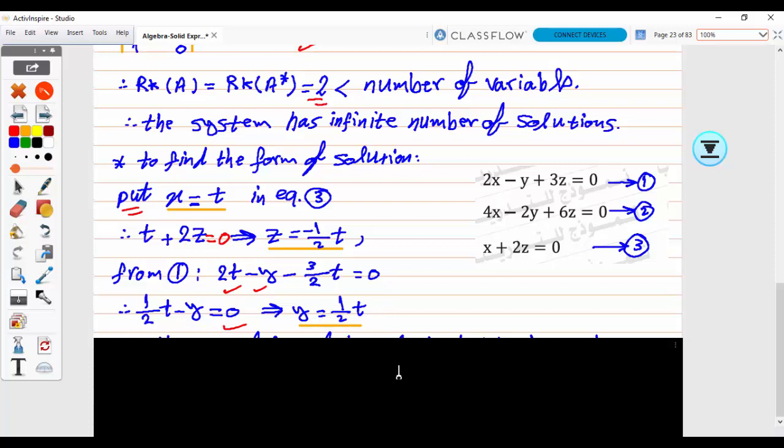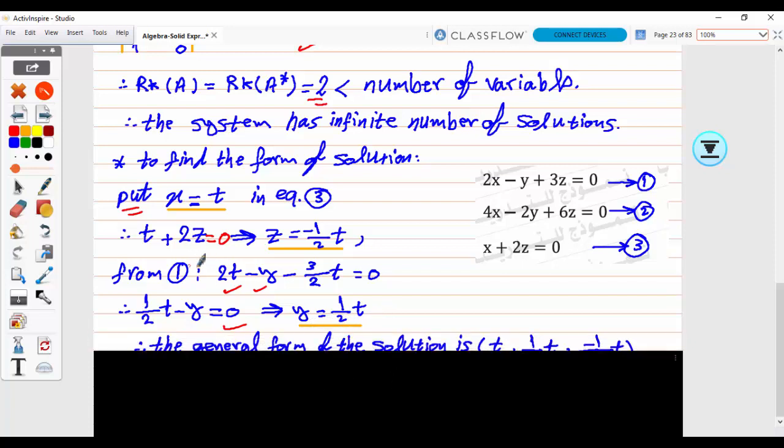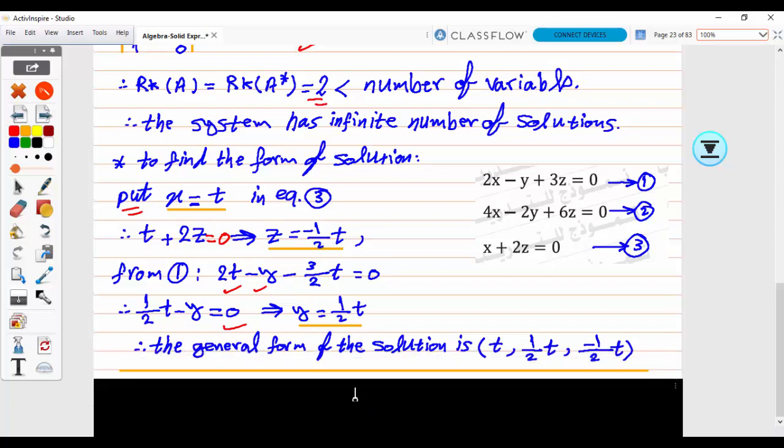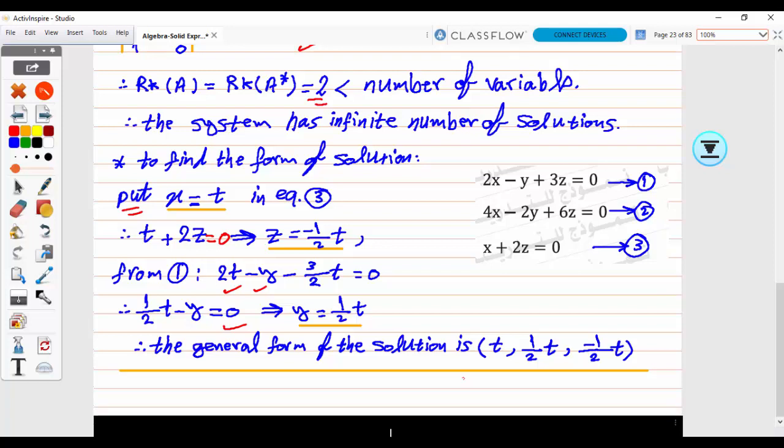Now we have x equals t, y equals half t, and z equals negative half t. So we can write that the general form of the solution is t, half t, and negative half t. What does that mean? When you substitute t with any number, consider t equals 2 here.